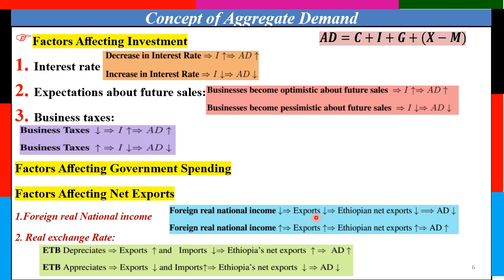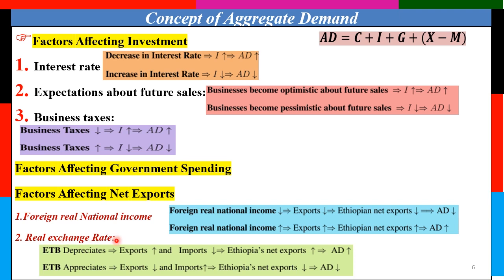Exports decreasing means, in the case of Ethiopia, the net export declines because export declines. This causes aggregate demand to decrease because net exports and aggregate demand are positively related. If the foreign income is increasing, this implies that their ability to buy is increasing, meaning the export is also increasing. That is to say the Ethiopian net export also goes up, and aggregate demand is also increasing.